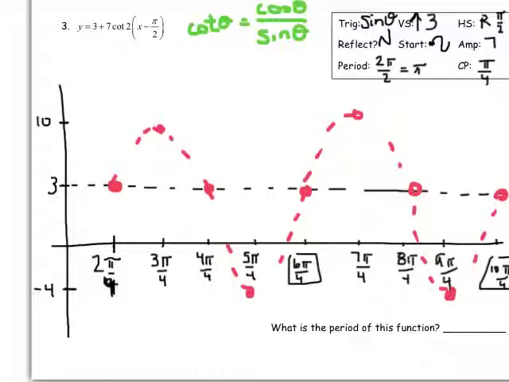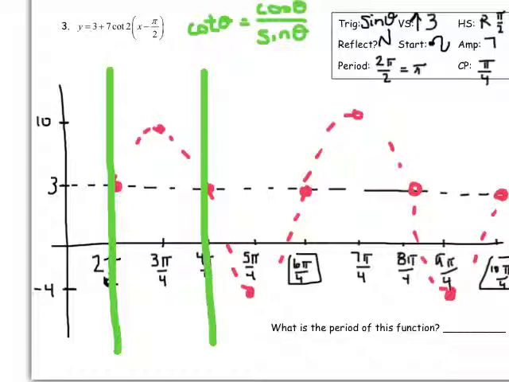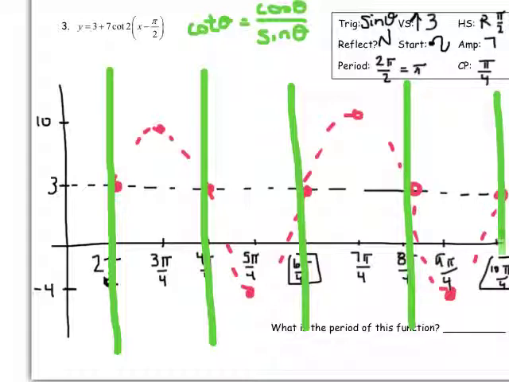So here at 2 pi over 4, this is our first vertical asymptote. This is the next vertical asymptote, and the next, and the next. And then exactly in between those vertical asymptotes, so at 3 pi over 4, I'm going to land on the sinusoidal axis.